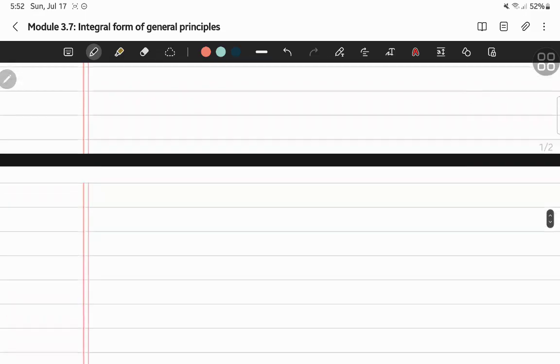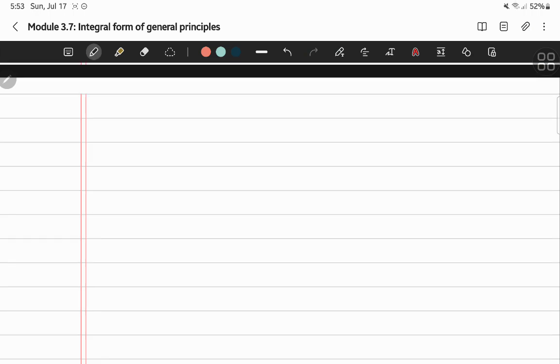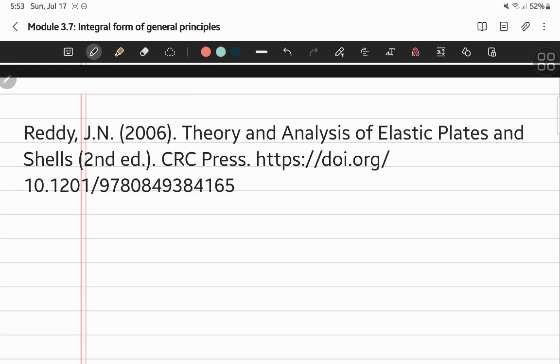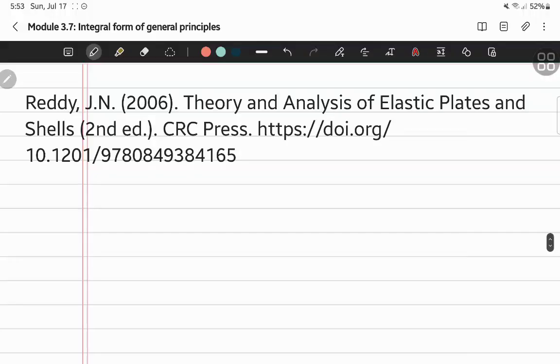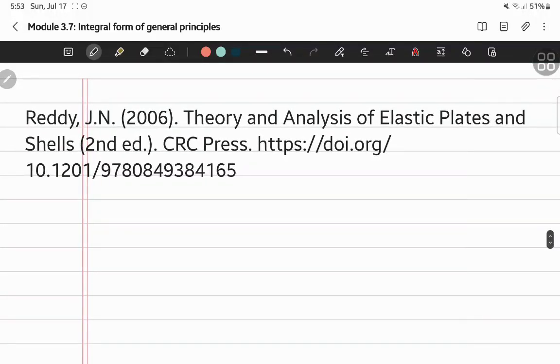So let's see what this fundamental lemma of calculus says, based on what is given here from the book Theory and Analysis of Elastic Plates and Shells, second edition, by J. N. Reddy.